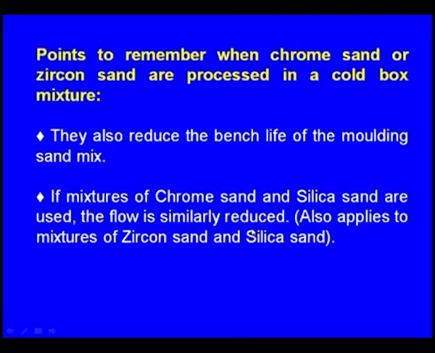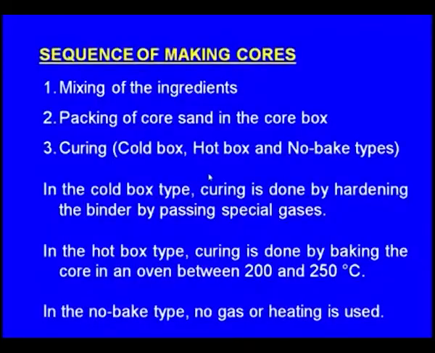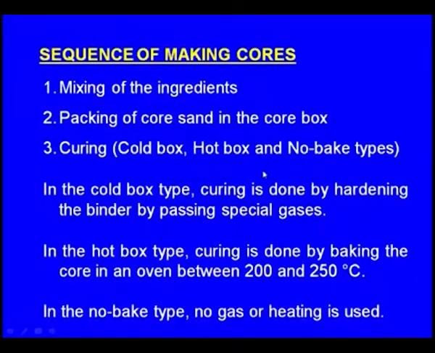Next one, sequence of making cores. How to make the dry sand cores? First step is the mixing of the ingredients. Second one, packing of the core sand in the core box. Next one, curing. It can be by cold box, hot box or no bake type.